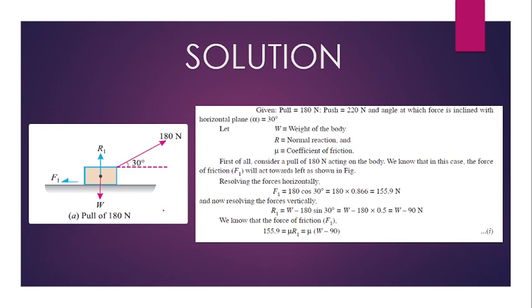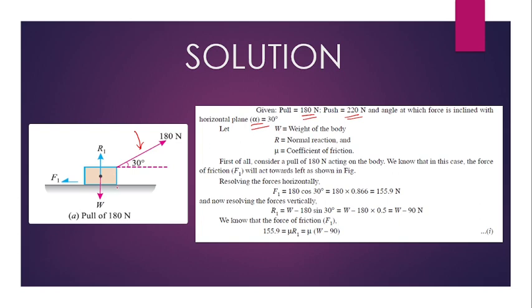Here is the first portion. This is the representation of the pull of 180 Newton, and its line of action is represented by this line, inclined 30 degrees with the horizontal. Given: pull is 180 Newton, push is 220 Newton, and the angle with the horizontal plane alpha is 30 degrees.